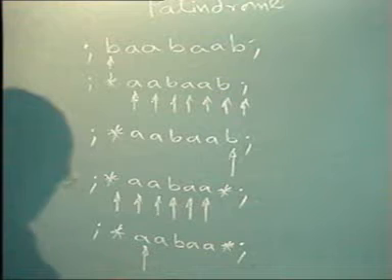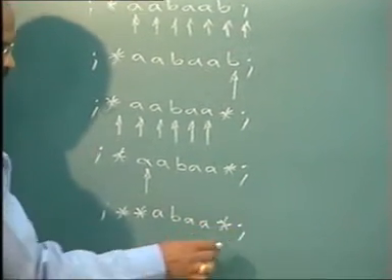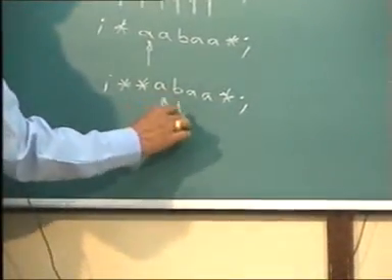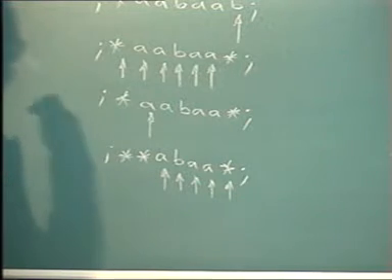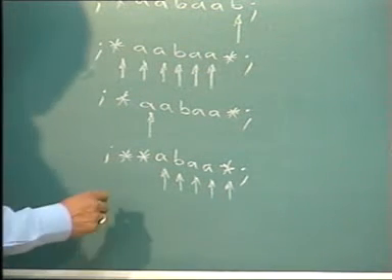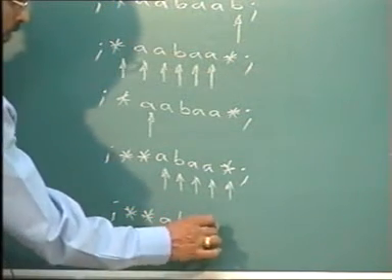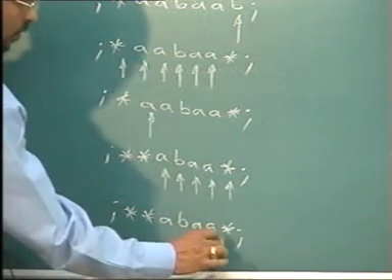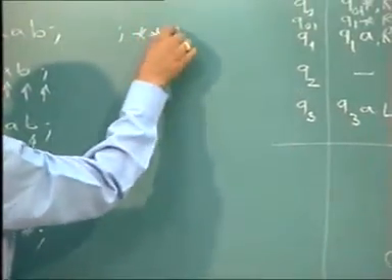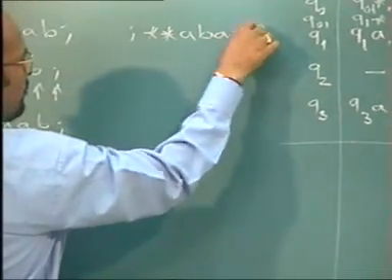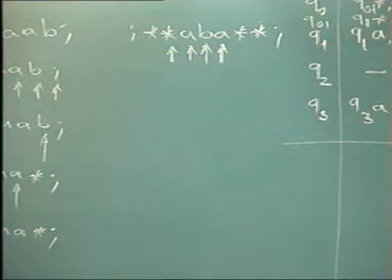You get A, mark it as star, and then keep on moving towards the right till star. This time you are remembering that the first one that was marked was A. When you get star, you will move one position towards the left, and here you must get A. If you get A, mark it as star, and then keep on moving towards the left till you get star.